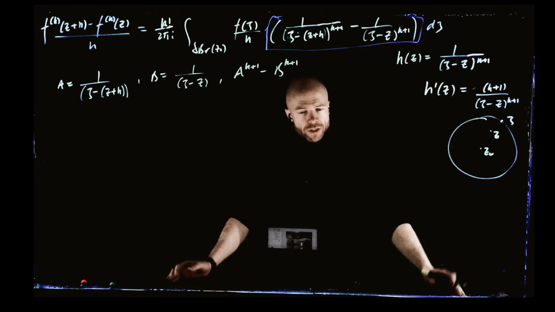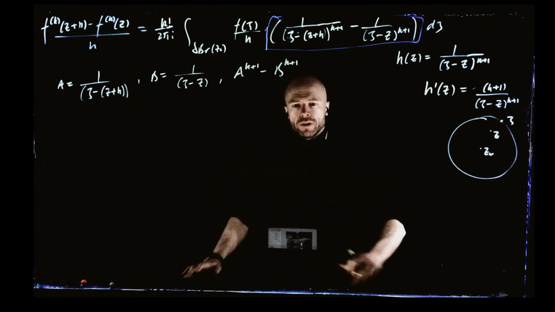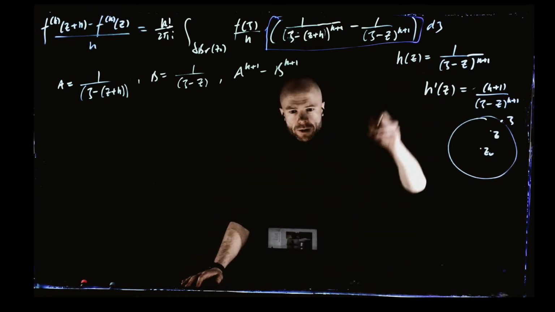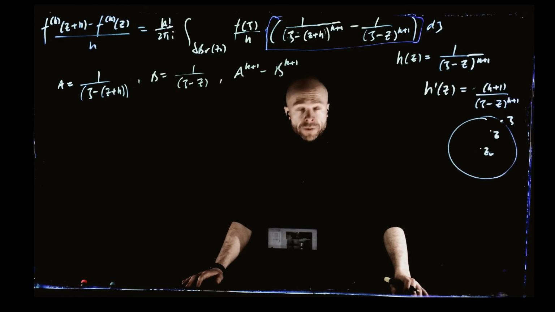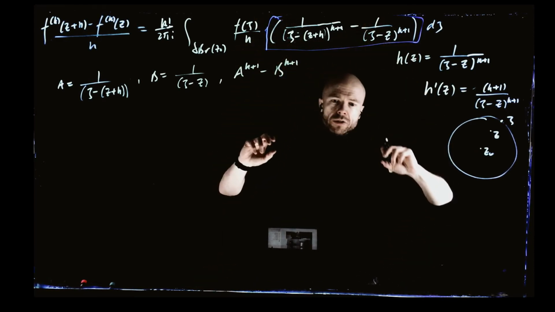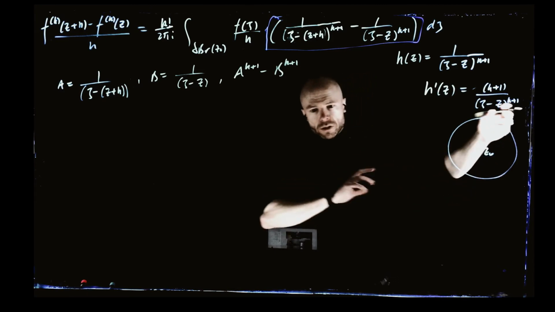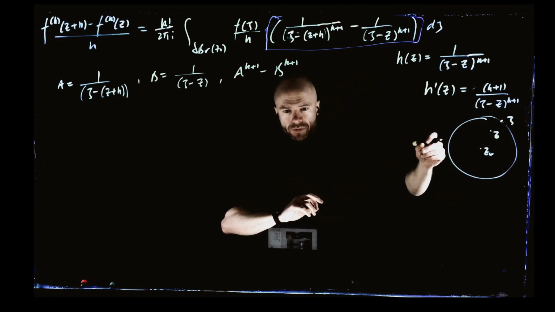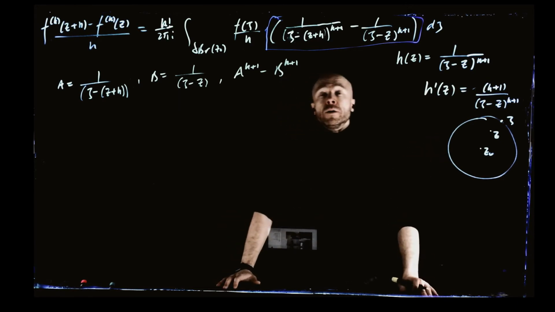We don't need to use the statement of the theorem. It's just clear to us it's infinitely differentiable. So it is the case that the difference quotient will uniformly tend towards the actual derivative. That is indeed the case.